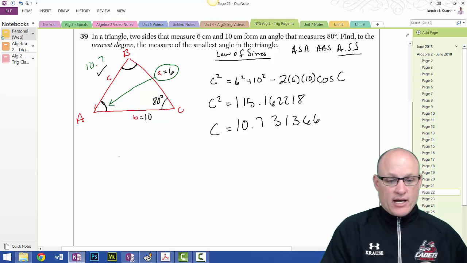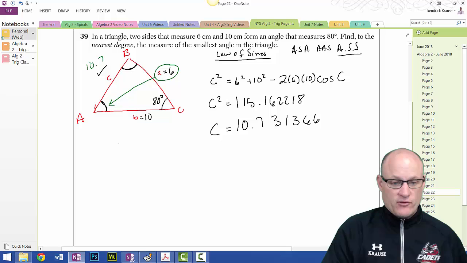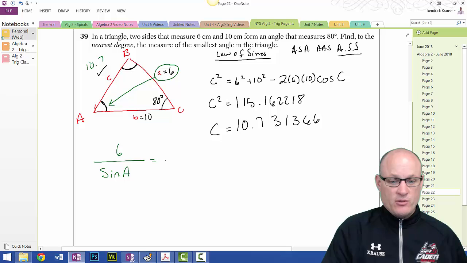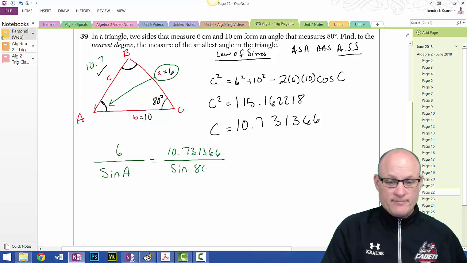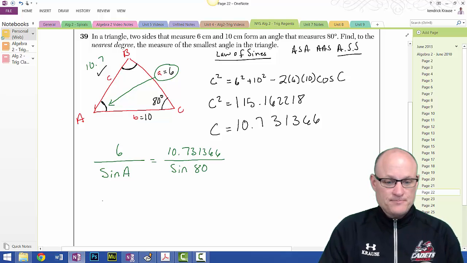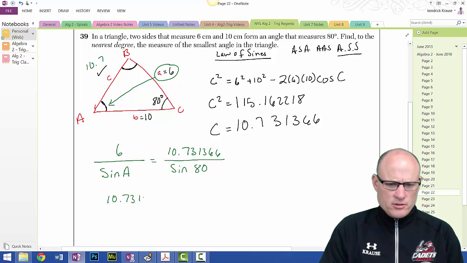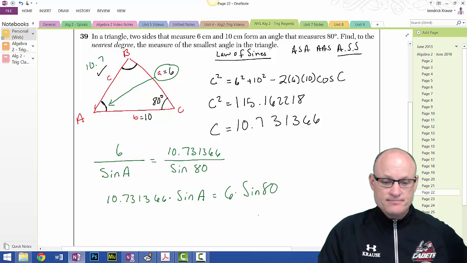I'm going to use the law of sines. 6 over the sine of A is equal to 10.731366 over the sine of C, which is 80. We'll cross multiply, so I get 10.731366 times the sine of A is equal to 6 times the sine of 80.